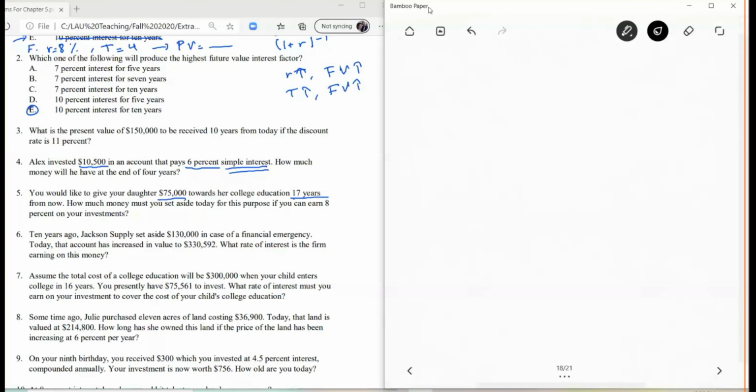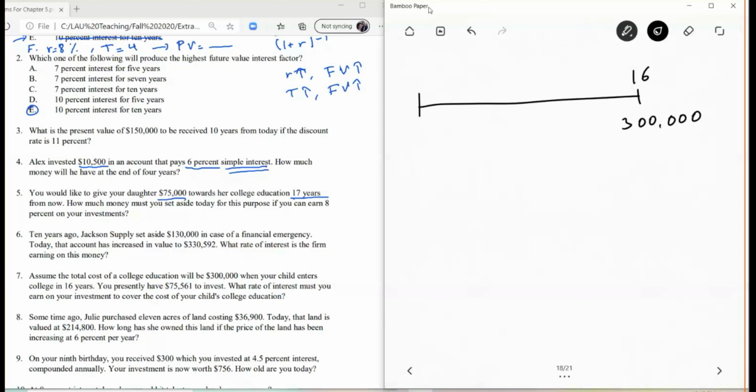Now I move to problem number 7. Assume the total cost of a college education will be $300,000 when your child enters college in 16 years. So after 16 years, I need an amount of 300,000.